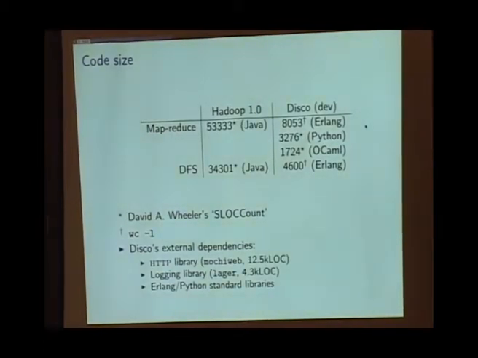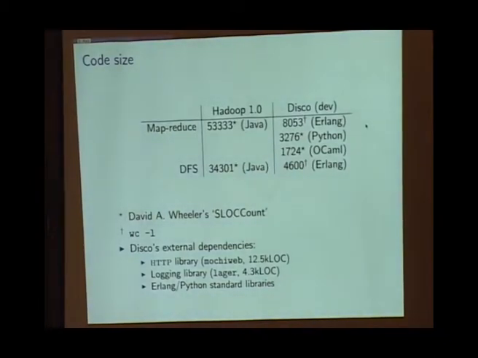The last release is actually a little smaller than this, but the next version of Disco is what these numbers refer to. It's around 4,600 lines of code in the distributed file system. And the Python library is 3,000 lines. The OCaml library is 1,700 lines.